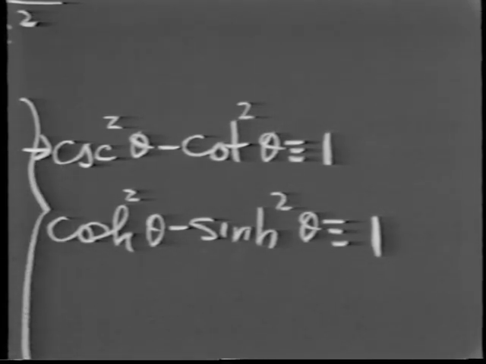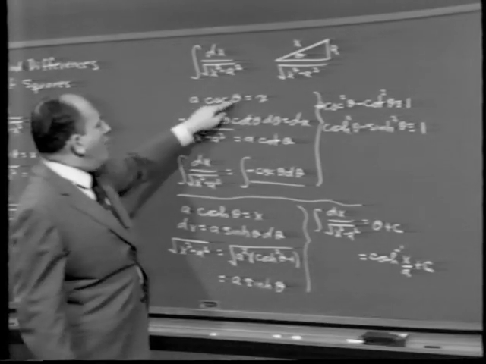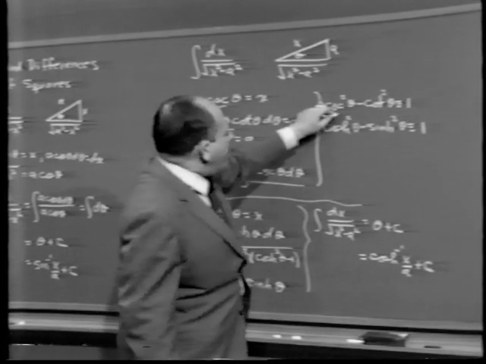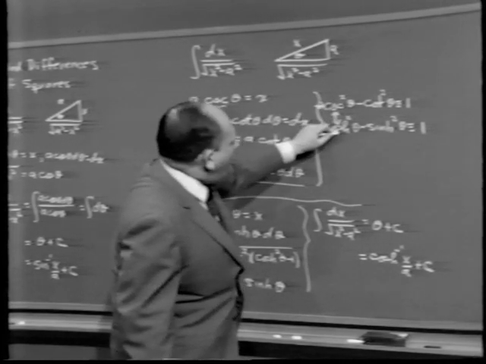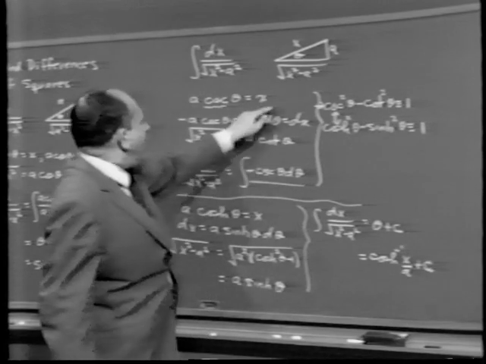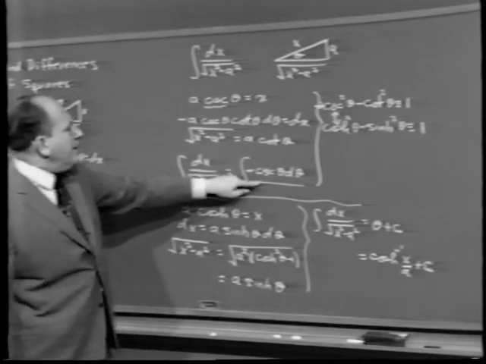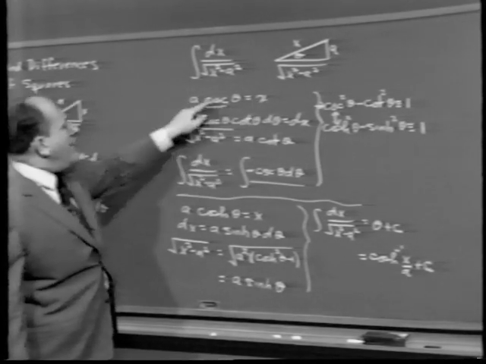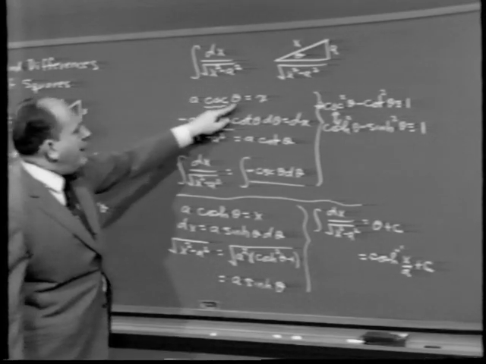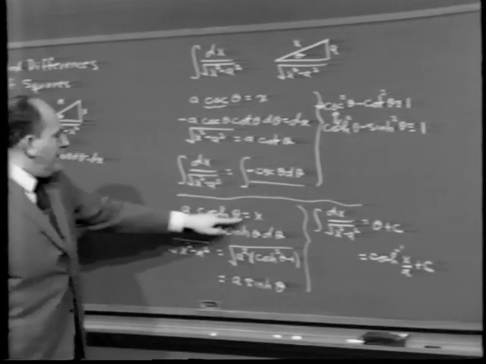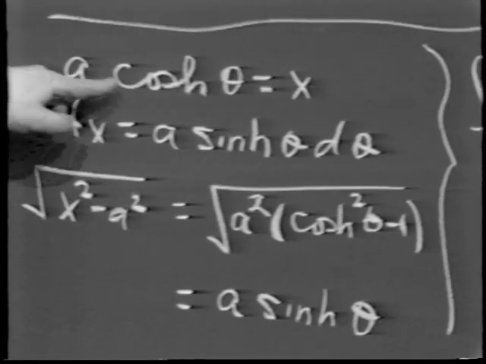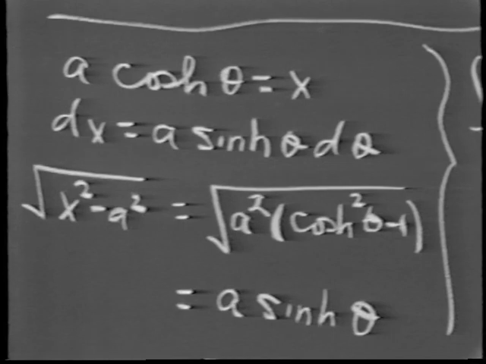Since in the original problem I tried x equals a cosecant theta, and since the identification here is that cosecant and cosh are matched up, once this has failed, I very quickly say, okay, instead of x equals a cosecant theta, I'll try x equals a cosh theta. That's exactly what I did over here. A cosh theta equals x, from which it follows that dx is a sinh theta d theta.